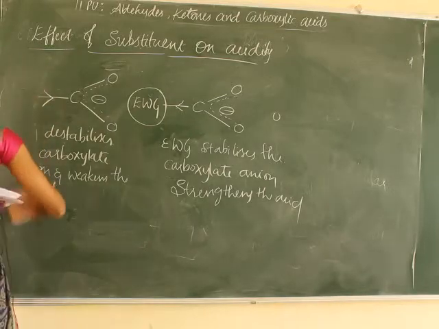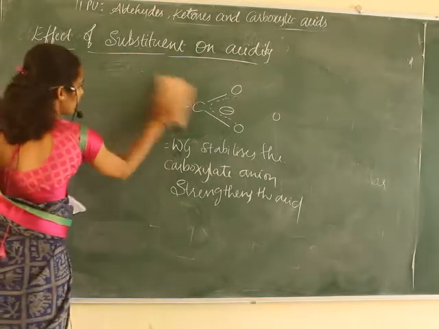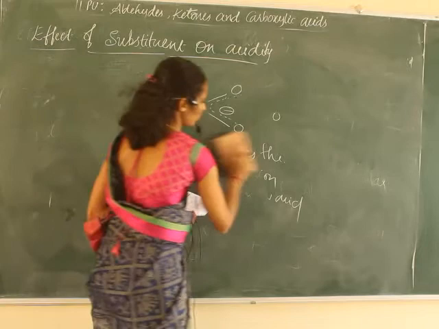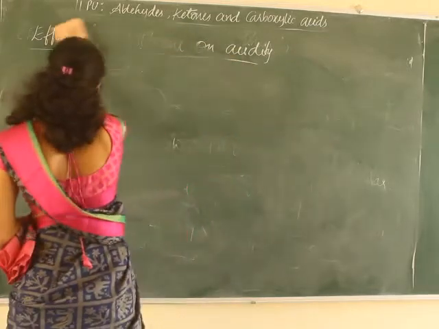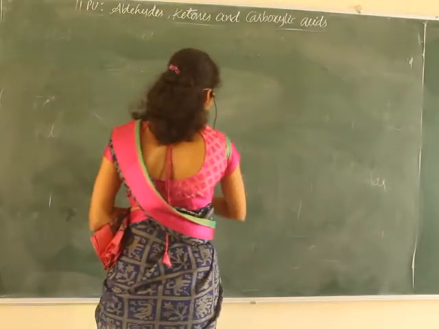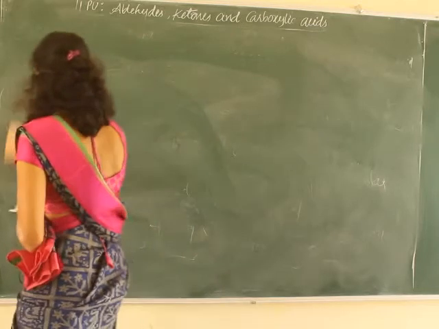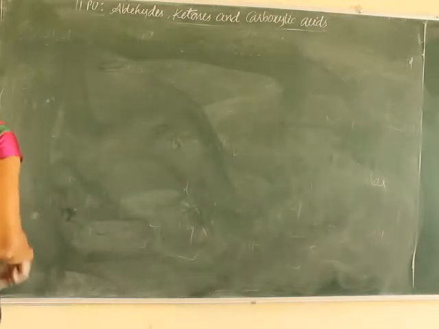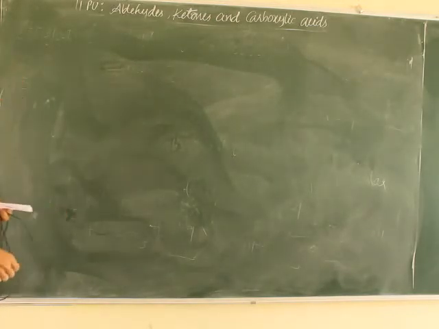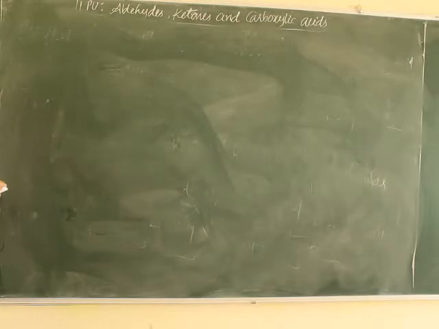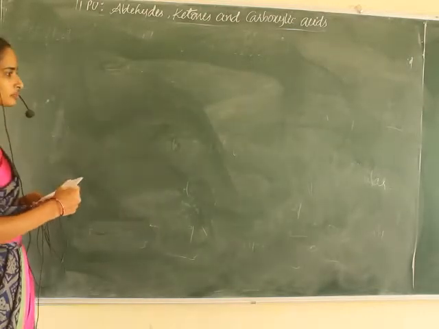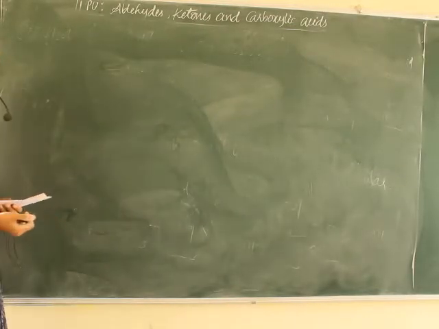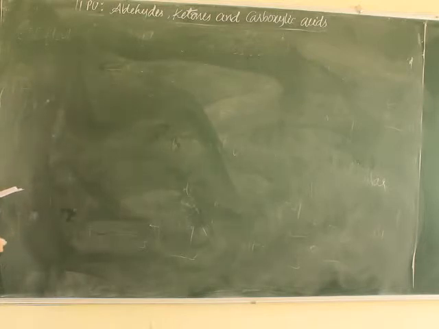Next, effect of groups on acidity. Just note down and try to remember, not much important, just remember which group increases the acidity or which group decreases the acidity in carboxylic acids.